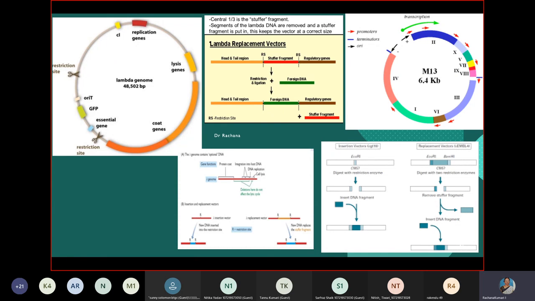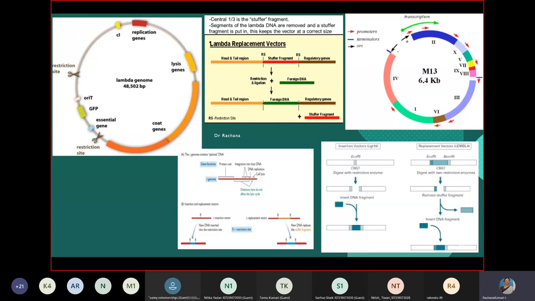Replacement means you remove something and then fill that gap. However much of the content you have removed, you simply substitute the same. That is called replacement. On the contrary, insertion means you are not removing anything. You are simply inserting something by creating a gap within the genome.